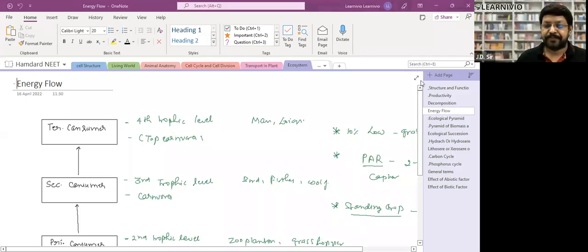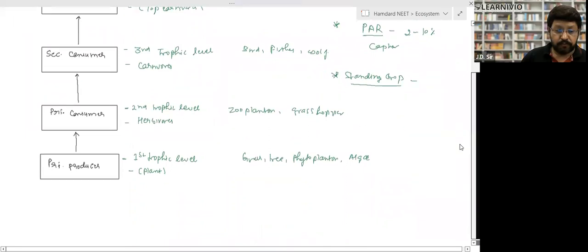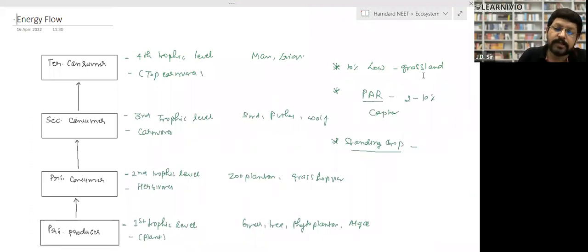Look, Affaf. What are the first producers? Plants are always producers, right? In the producers, we will always consider green plants, because they are the only energy producer on this earth which produces food. The rest of the components of the food chain take nutrition directly or indirectly from the plant.